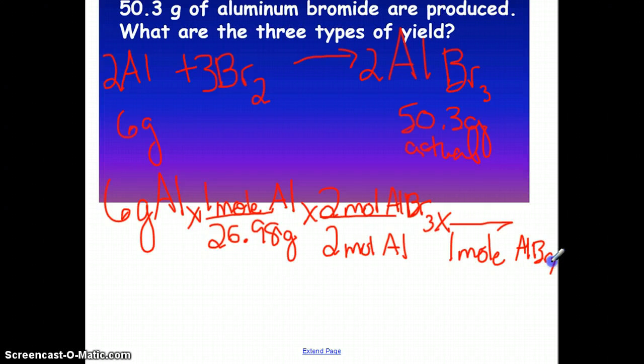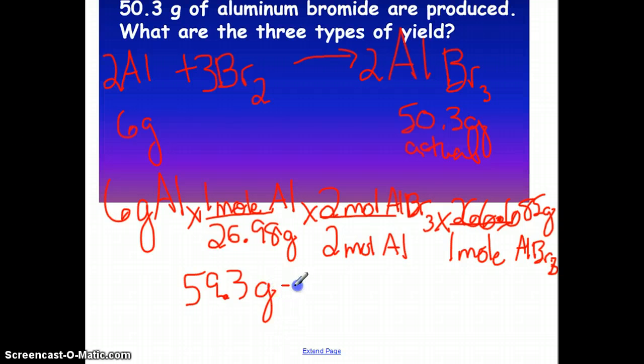I figured it out ahead of time, and I got 266.685. Now we multiply everything on top, divide by everything on bottom, and we get 59.3. This is our theoretical yield.